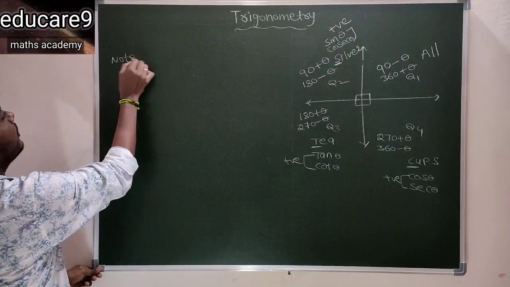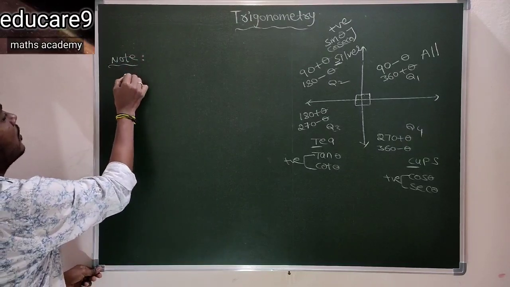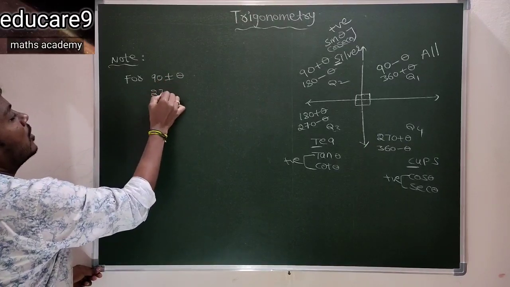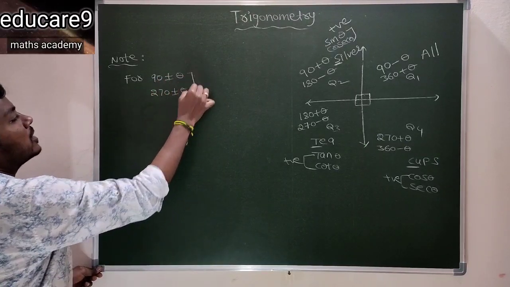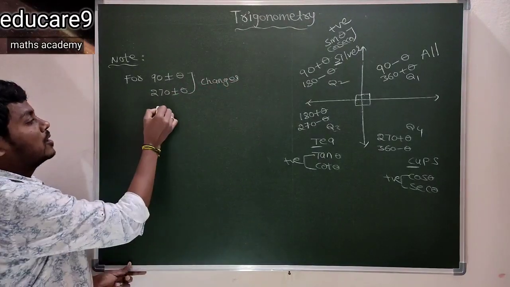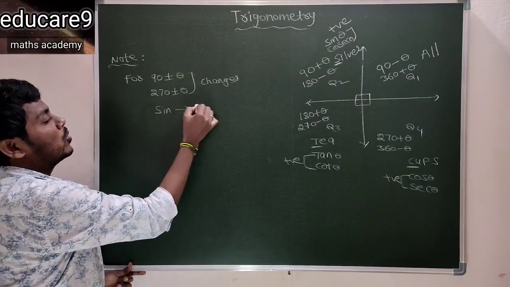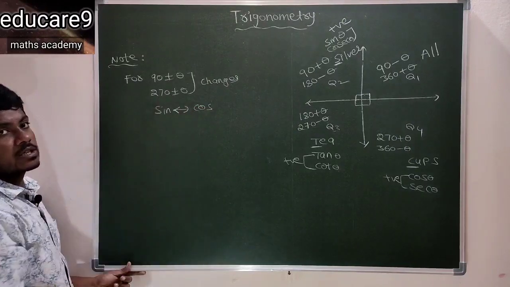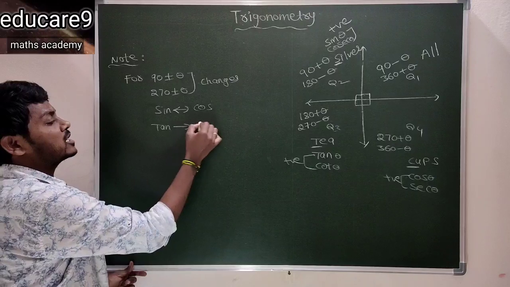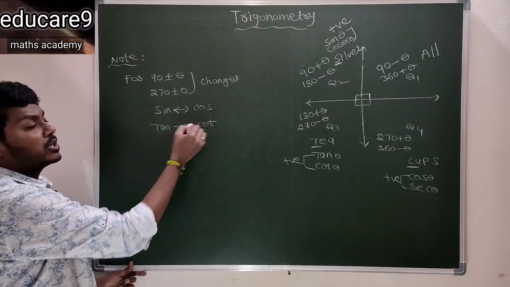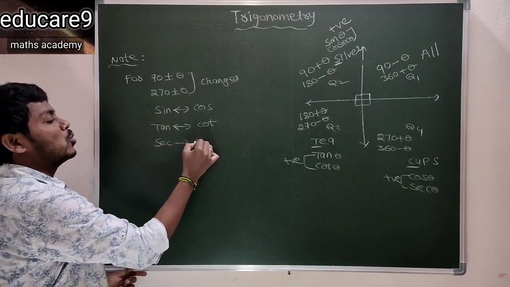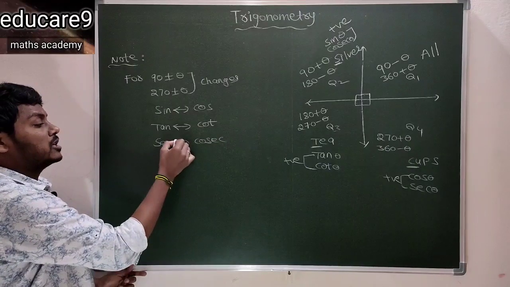Okay. See, and also note this point, for 90 plus or minus theta, 270 plus or minus theta, the ratio changes, means sine ratio changes to cos and cos ratio changes to sine, and tan ratio changes to cot and cot ratio changes to tan, and sec ratio changes to cosec and cosec ratio changes to sec.